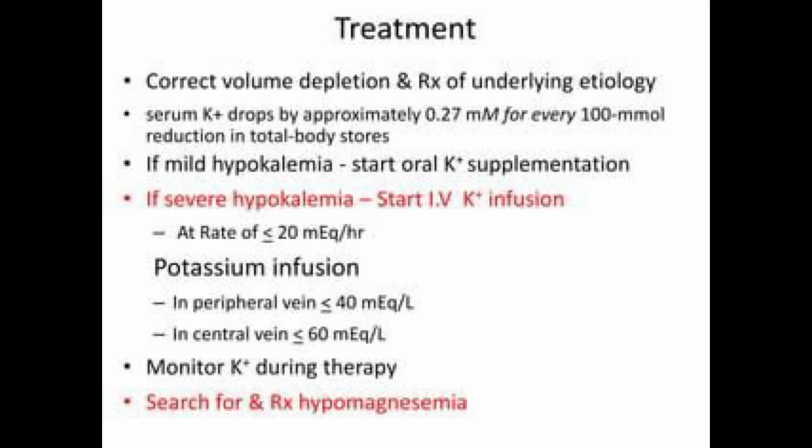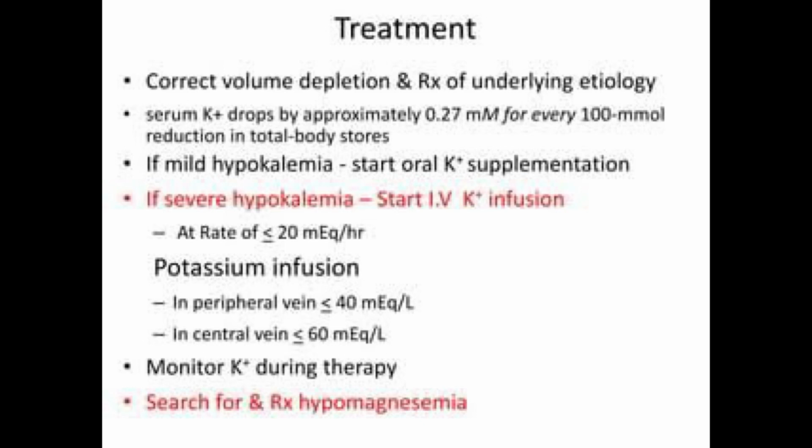But if the patient is in critical condition, suppose the patient is on a ventilator, in that situation we always start the potassium infusion, at the rate of less than 20 milliequivalent per hour. If we are giving potassium infusion to the patient in peripheral veins, which means through a cannula, the infusion rate must be less than 40 milliequivalent per liter.